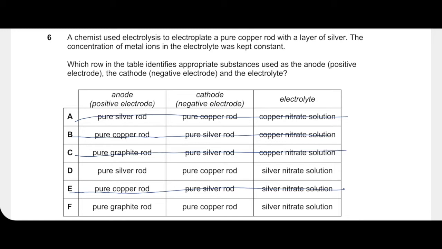So therefore, we need to replenish not only the electrons, but the metal ions for the electrolyte and the cathode. So therefore, the anode is D. It's not F. Graphite has nothing to do with this. So our answer is D. And that's question number 6 completed.